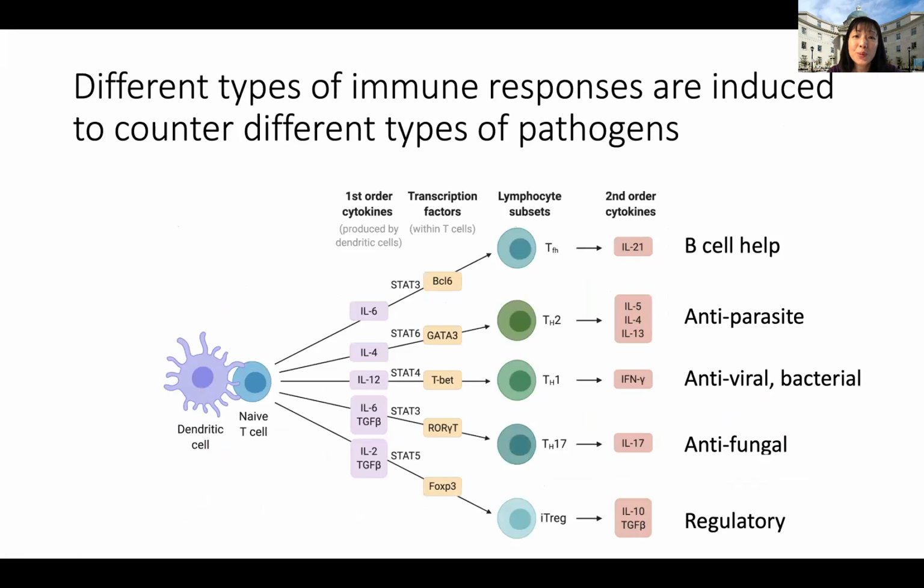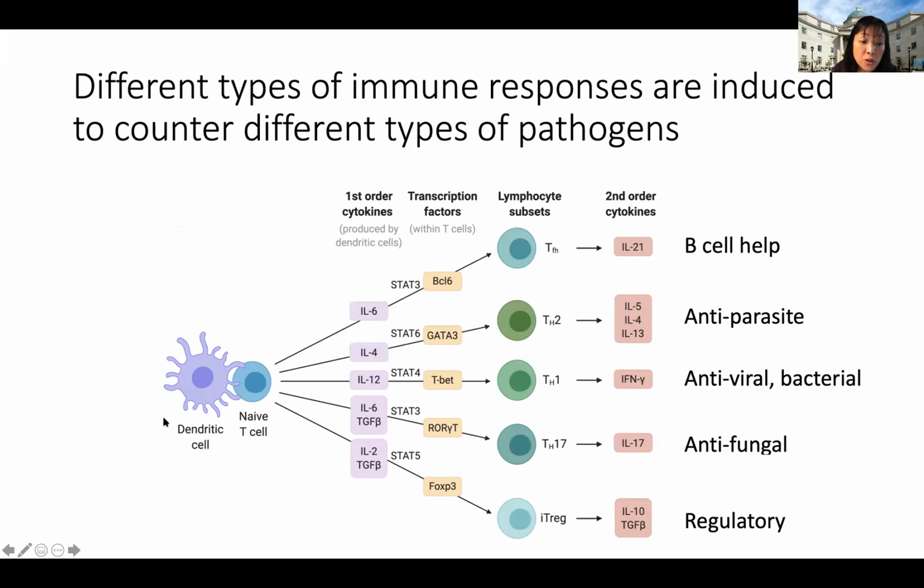So then we wanted to look more broadly, not just at the antiviral cytokines and viral load, but at the types of immune responses that are engaged in the COVID patients. Unfortunately, I do have to give some introductory slides on immunology, just to give you a sense of how the immune system works to control different types of pathogens.